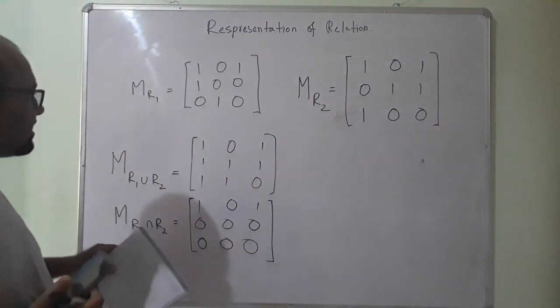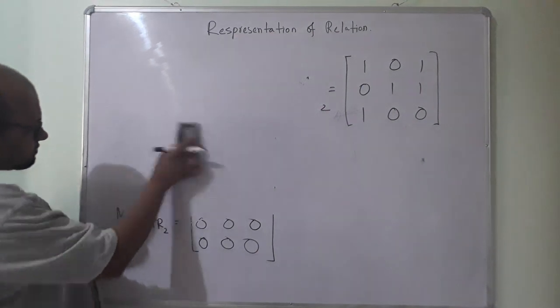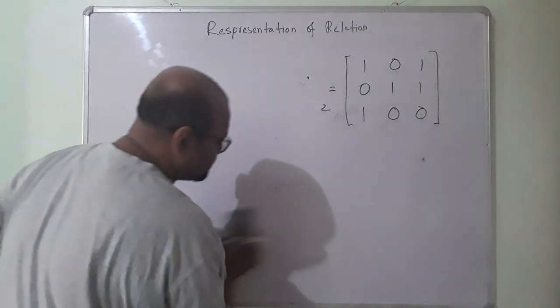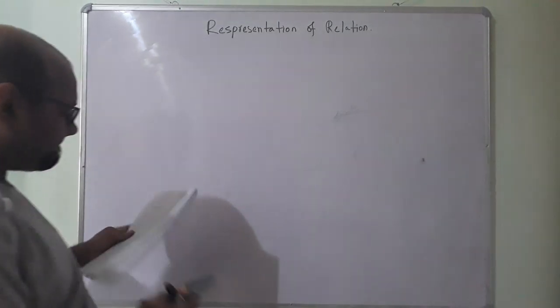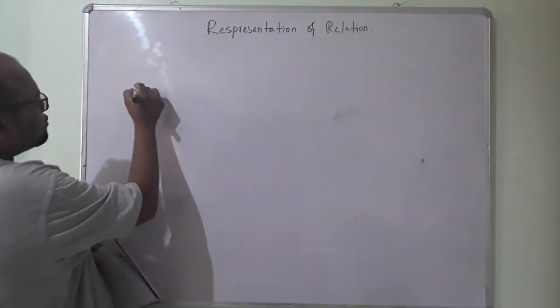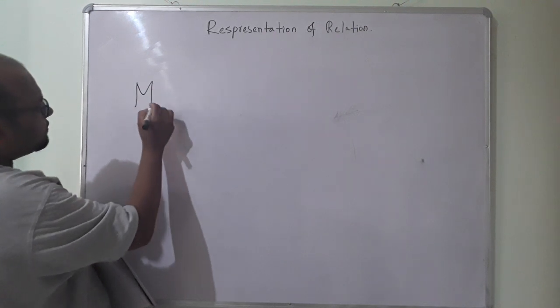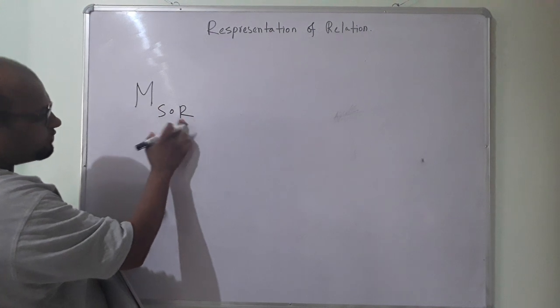Next, this is also simple, but pay attention. We are going to find the composition of R and S, written with S before and R after.